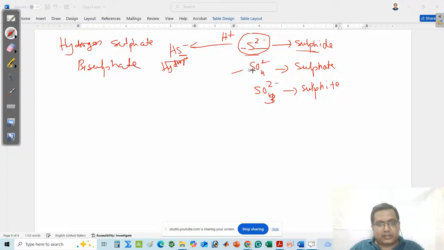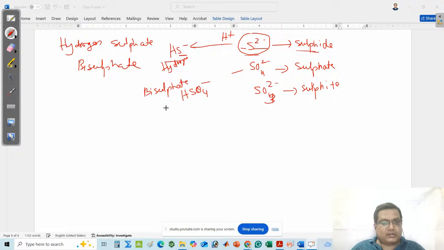Similarly, if you think about this, it is said to be sulfate. Suppose I want to write bisulfate. Then what will be the symbol? Add H plus here. You can write HSO4 minus. Reduce one minus because you have to add one H plus.